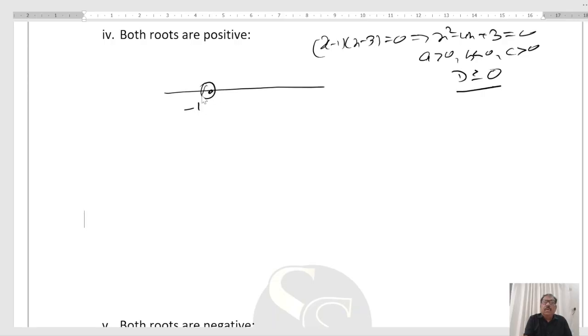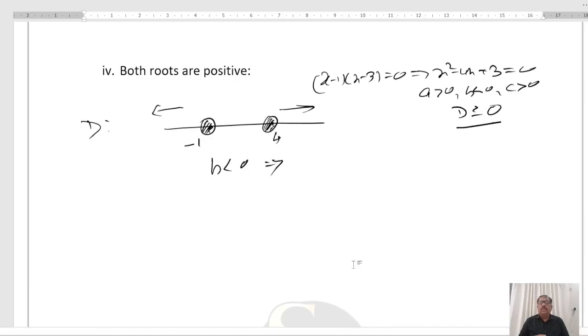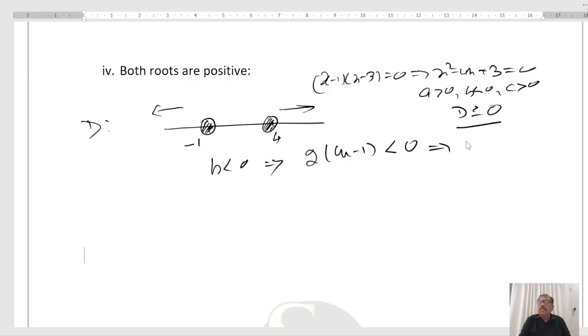minus 1 and 4. This d. B less than 0. B less than 0 means twice m minus 1 less than 0, that is m should be less than 0.